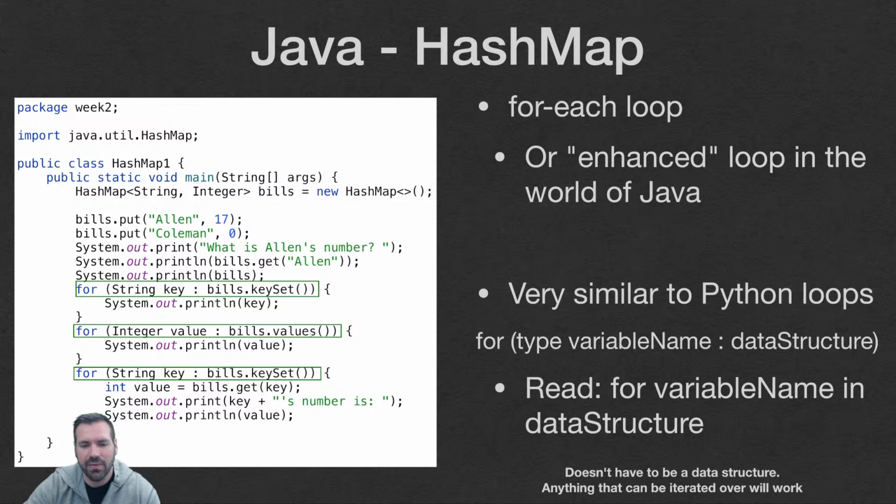And for my money, if I need both, what I like to do is iterate over the key set. And then the first line of my loop, I'm going to grab the value at that key. So now I have access to both the key and the value, which is something we'll often need when you're programming. You often want the keys and the values. So this is a good, simple way to do that.